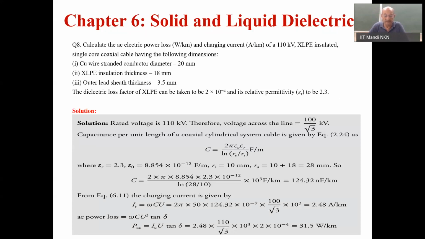As you can see, the 110 kV is the rated line to line RMS value of the cable, and single core cables are used for each phase.